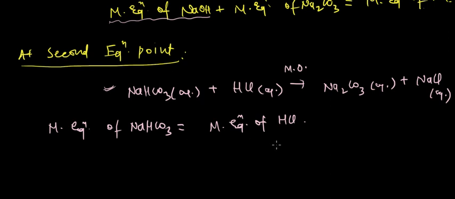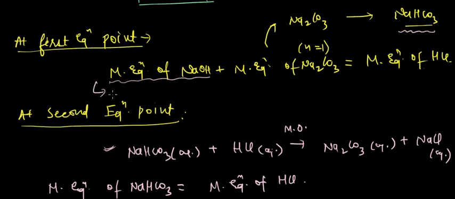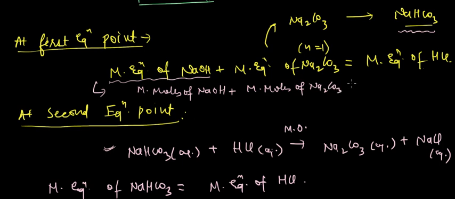Okay, so if you have to write this in terms of millimoles, then obviously millimoles of NaOH plus millimoles of Na2CO3, and what would be the n factor here?